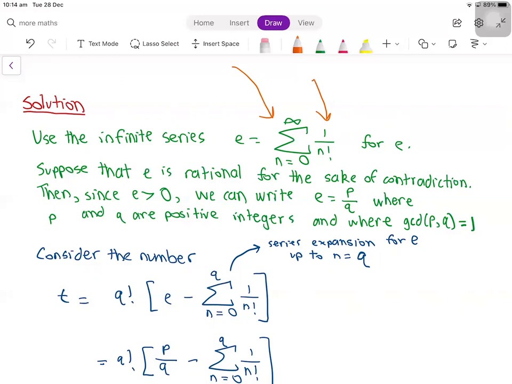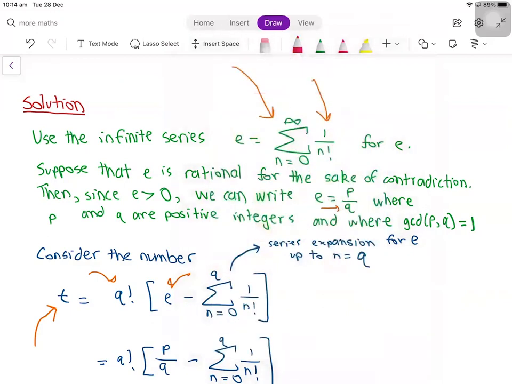Now we'll have a look at the following number t over here, and we define t to equal q factorial times e minus the sum of 1 over n factorial from n equals 0 to q.